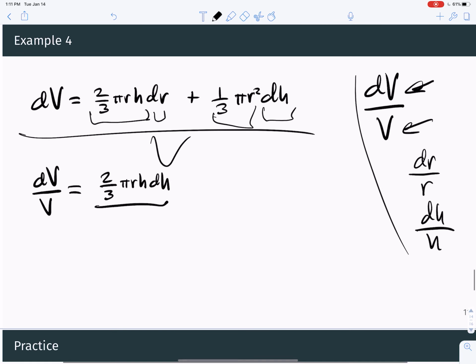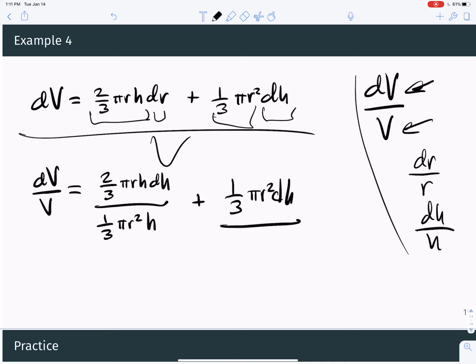So let's put in 1/3 pi r squared h. And then let's take 1/3 pi r squared dh and divide that by V, which is 1/3 pi r squared h. And let's see how this shakes out. Well, the 3's cancel, the pi's cancel, the h's cancel, one r cancels, and I'm left with a 2, a dr, and an r.